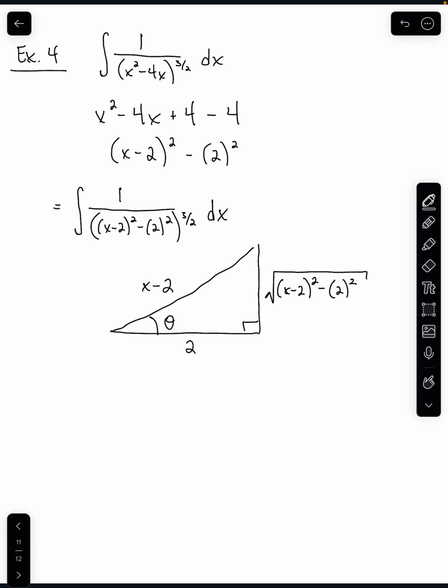This allows us to then use the relationship that secant theta is equal to x minus 2 over 2, and solving this for x by first multiplying both sides by 2 and then adding 2 to both sides, produces 2 secant theta plus 2 is equal to x.